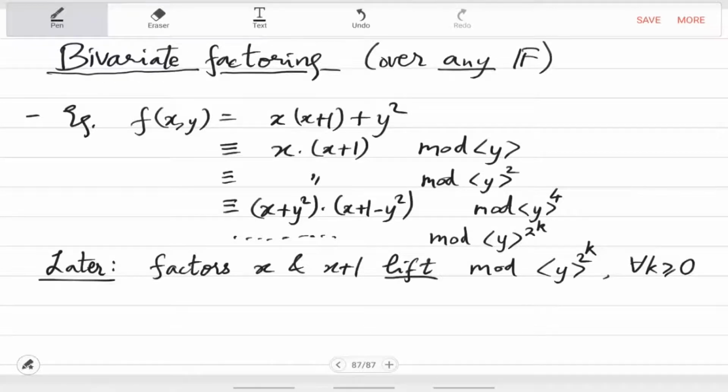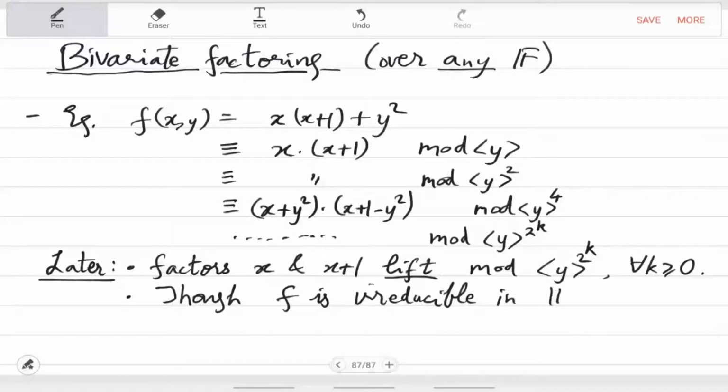That we will see next. Although f is irreducible in any field, right, you don't expect f to factor over any field, actually finite field or Q. Okay, fine. Yeah, let us understand this step.